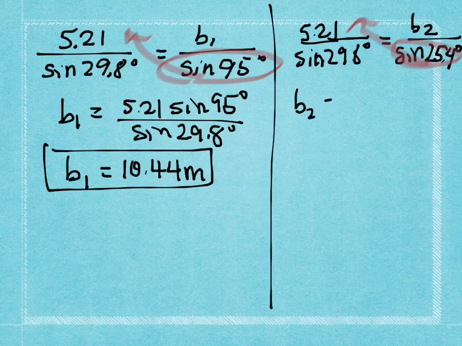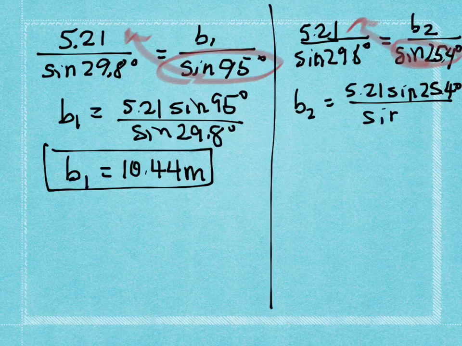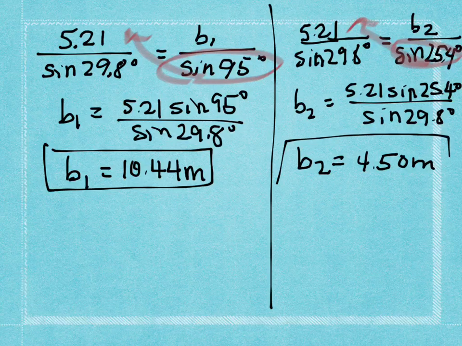So B2 is 5.21 sine 25.4 degrees over sine of 29.8 degrees. And then B2 is our very last thing for today: 4.50, and it's meters, right? Okay, and that's how you would finish it out once you found that there's 2 triangles.